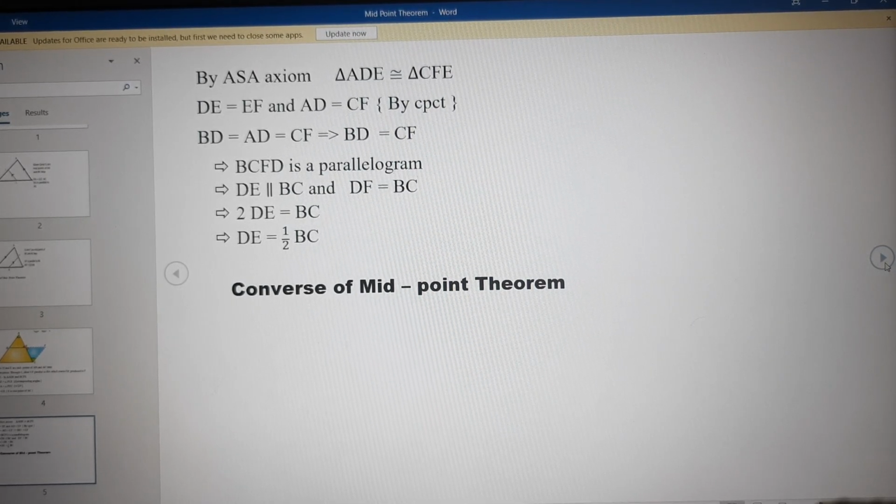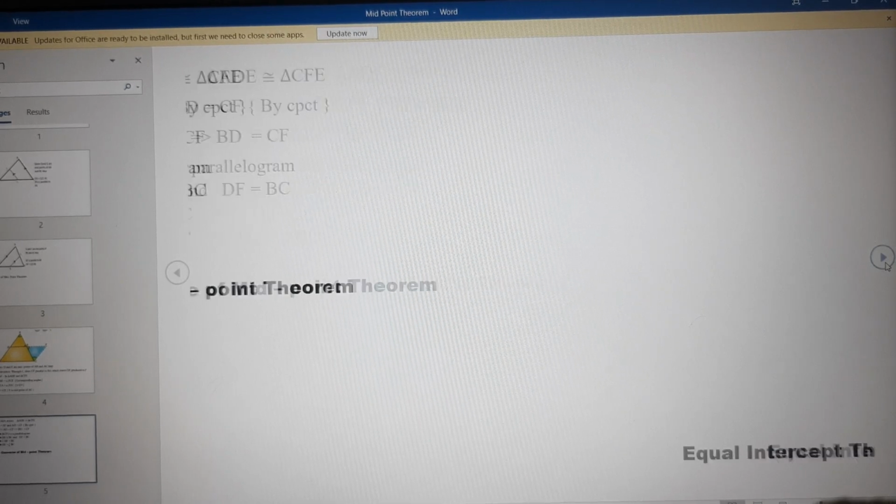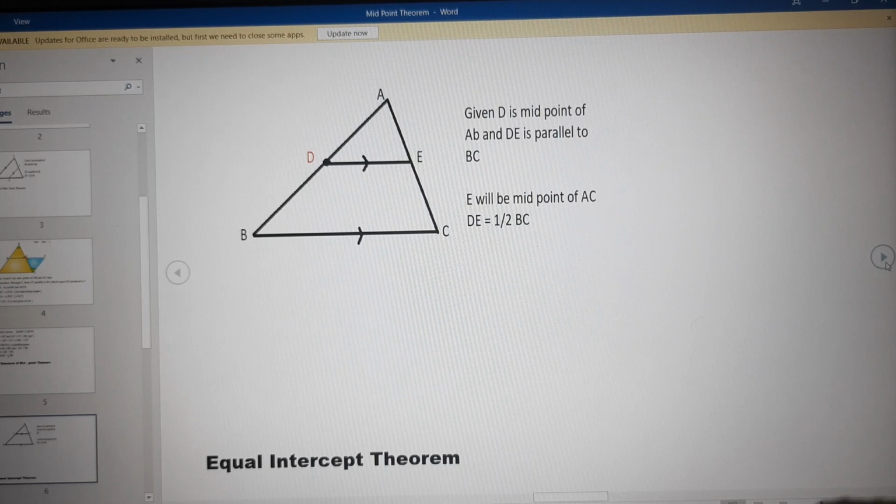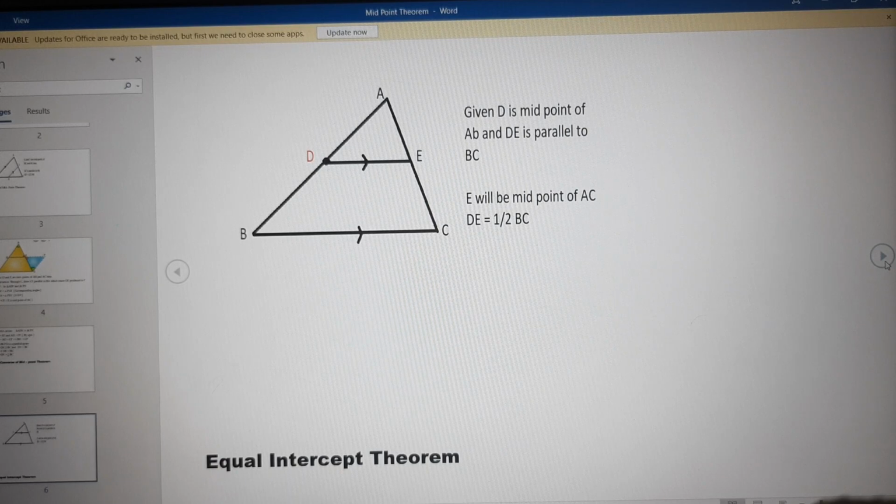Now, what is the converse of midpoint theorem? Converse of midpoint theorem, as I said, in midpoint theorem, two things were given and two things you have to prove. What were the two things? Two midpoints were given. Midpoints of any two sides were given and we have to write that the line segment joining the midpoints will be equal to half of the opposite base and the line segment joining the midpoints will be parallel to the opposite base.